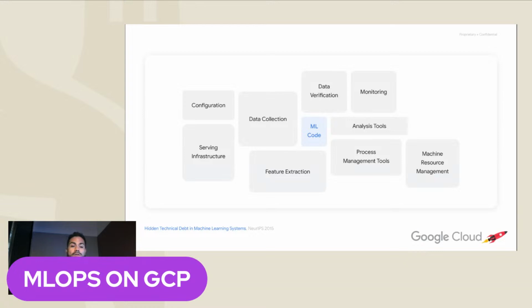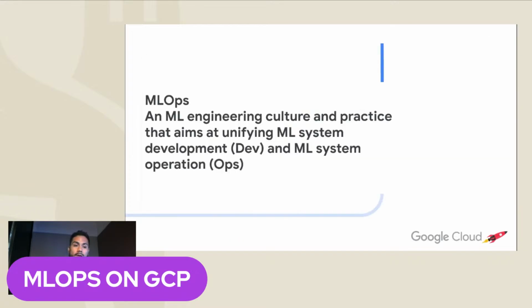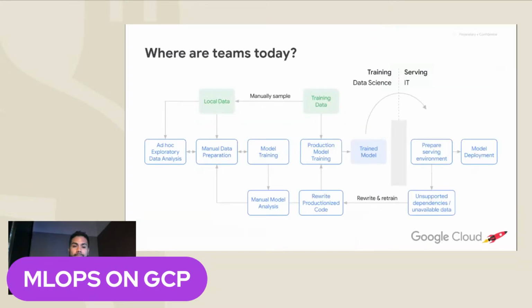And how are we going to serve our machine learning model as our use case grows, right? So this is the messy world of MLOps. It's a culture and practice that aims to unify machine learning system development, the dev, and the machine learning system operations development, ops, right?